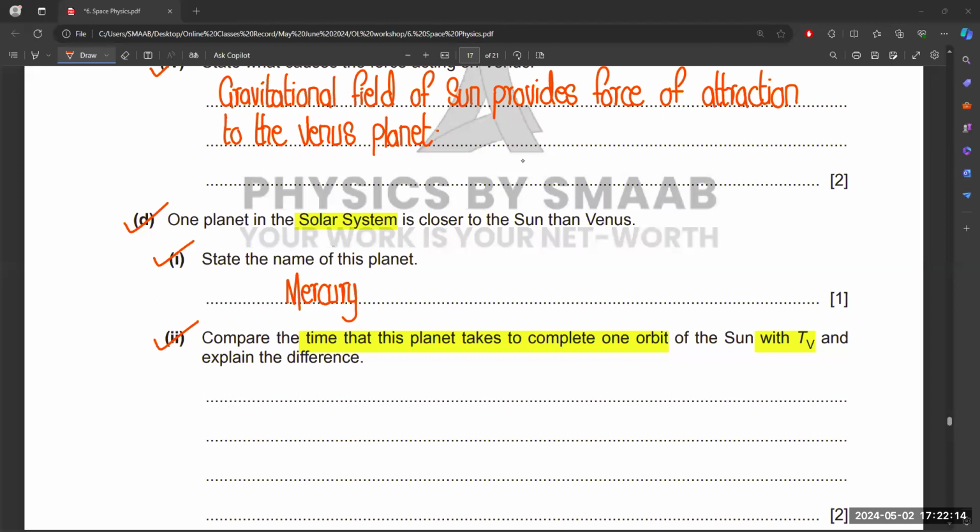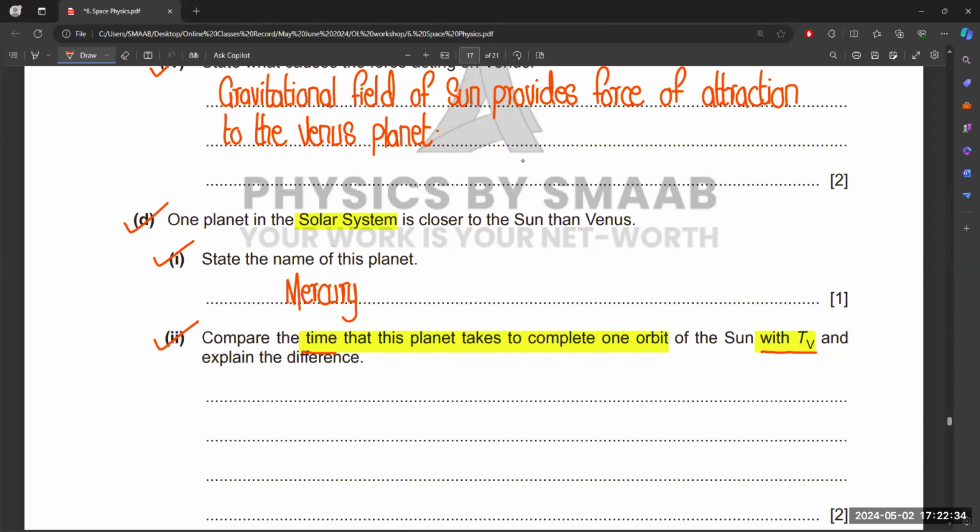In this part of the question, they are asking you to compare the time taken by the planet Mercury as compared to the time taken by the planet Venus. So which time period will be greater or which will be shorter?